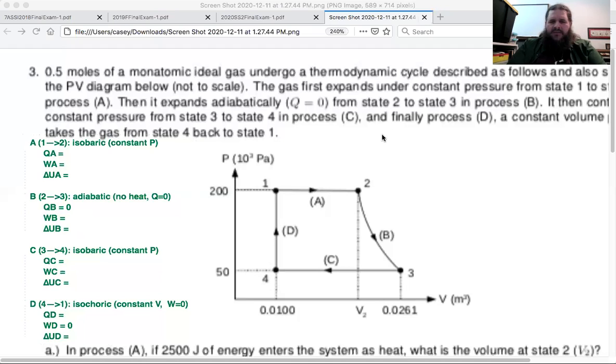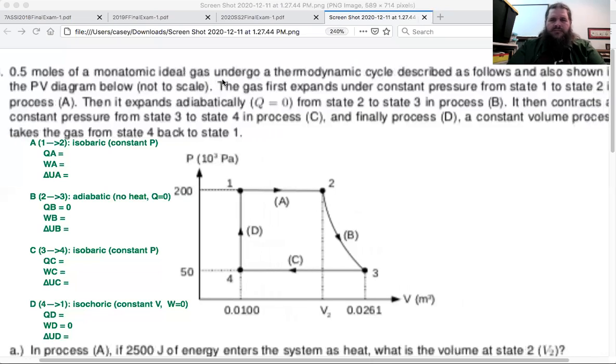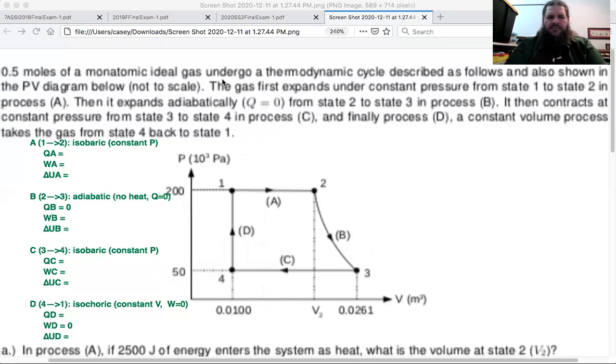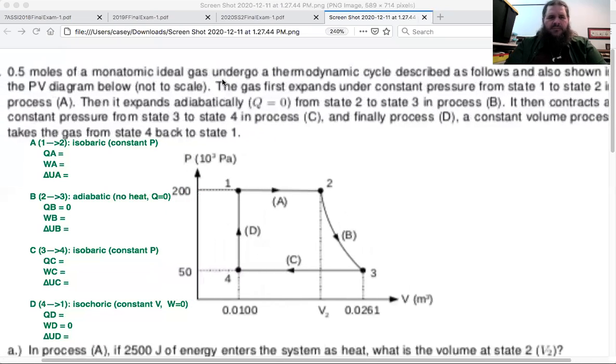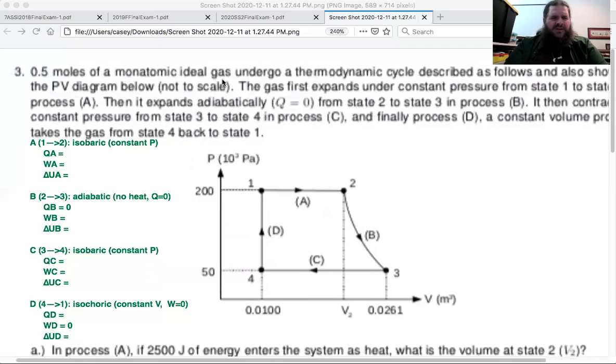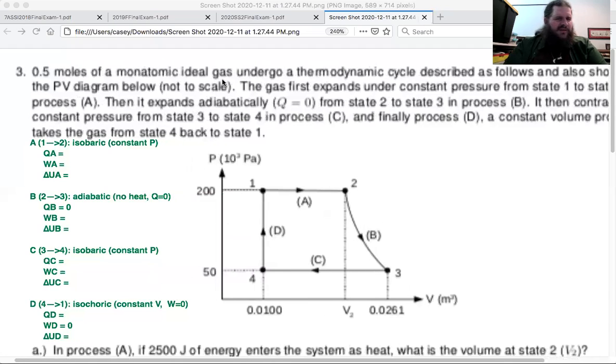Are there any other ones we can find by any other means? Can we figure out any of the other works or heats or changes in energy?